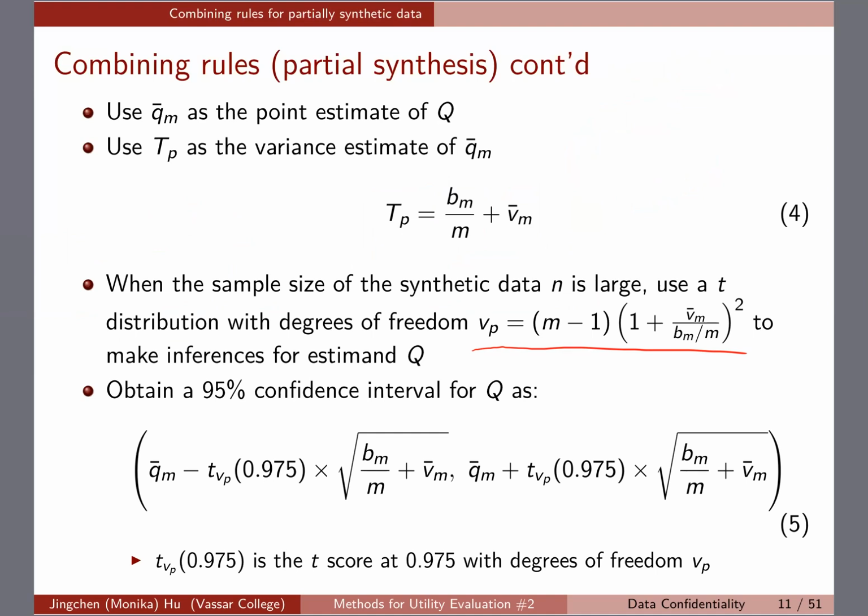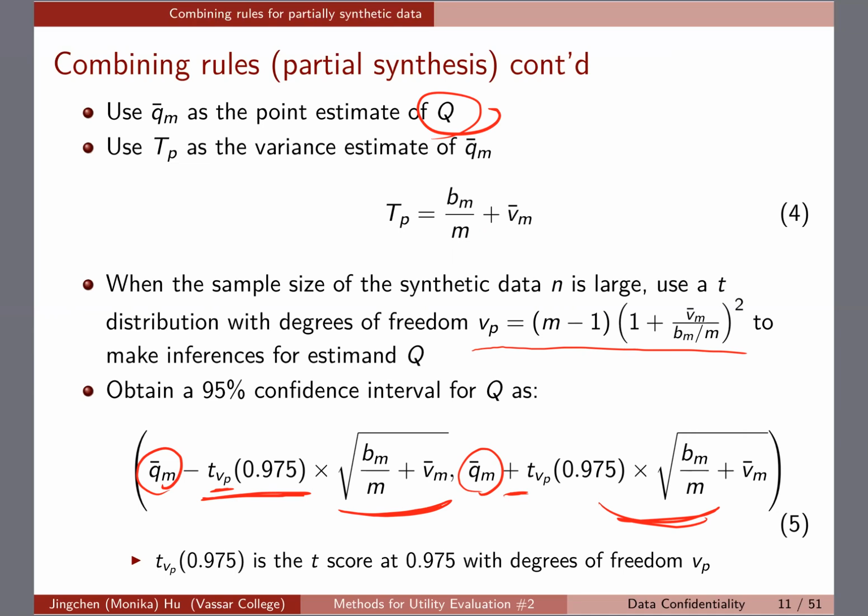The confidence interval for capital Q is going to be centered at the point estimate, minus the t-score for that degrees of freedom multiplied by the standard deviation, and then plus that term. This goes back to intro stats or AP stats, the stuff that you learned.